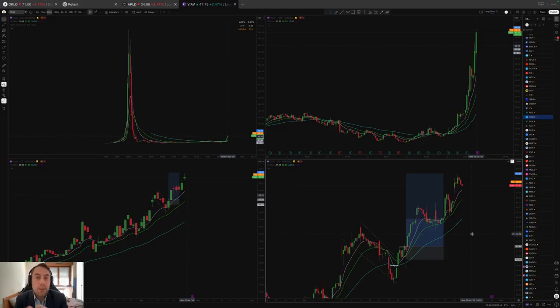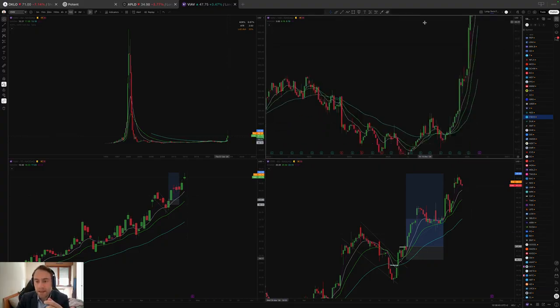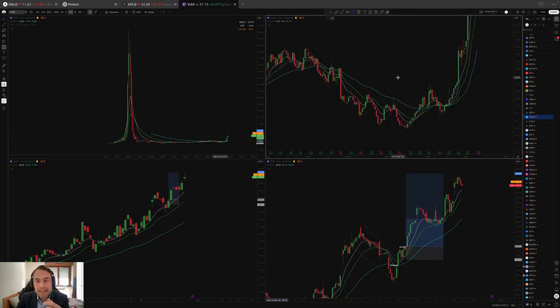When price is in a markup or in a markdown, you need to look for trades, because the key point here is that we do not need to enter there. We do not need to spot the low or the high of the market to make money, because we can't know where the low or the high will be.